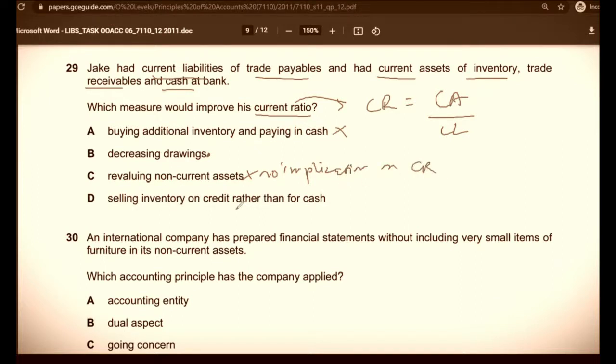Option D, selling inventory on credit rather than cash. This is again just a movement from inventory to trade receivables. So no effect. So options A, C, and D are absolutely wrong. Hence, the correct option for multiple choice 29 is option B.